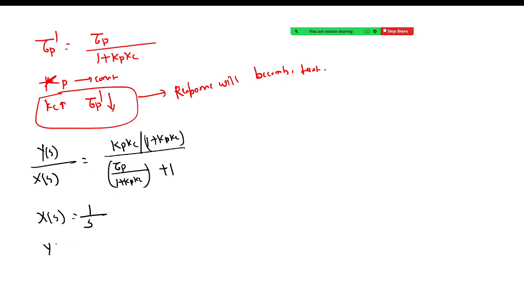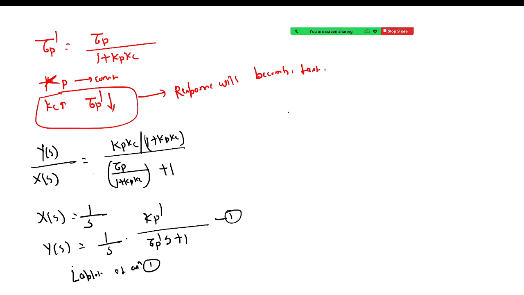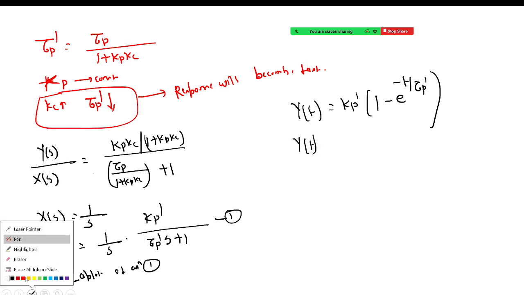So Ys is equal to 1 upon s into, I'll write directly, Kp dash upon tau p dash s plus 1, right? Let's say this one is your equation 1. If I take the inverse Laplace over here, yt is equal to Kp dash into 1 minus e to the power minus t by tau p dash. Fine. So that is your yt.